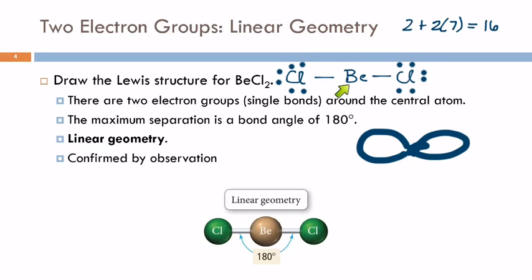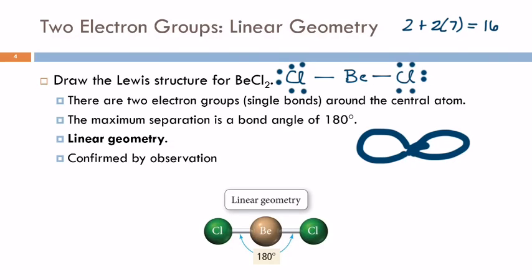One of the analogies I have for this is, this electron group is you, and this electron group is the worst ex you've ever had. Horrible, horrible person. The beryllium is the Earth. So you want to get as far away as possible from this person. You're going to the other side of the globe. You can't get any farther away on the planet.